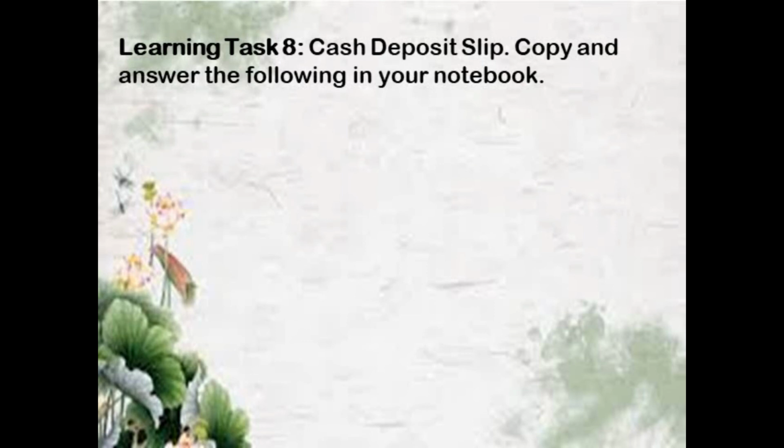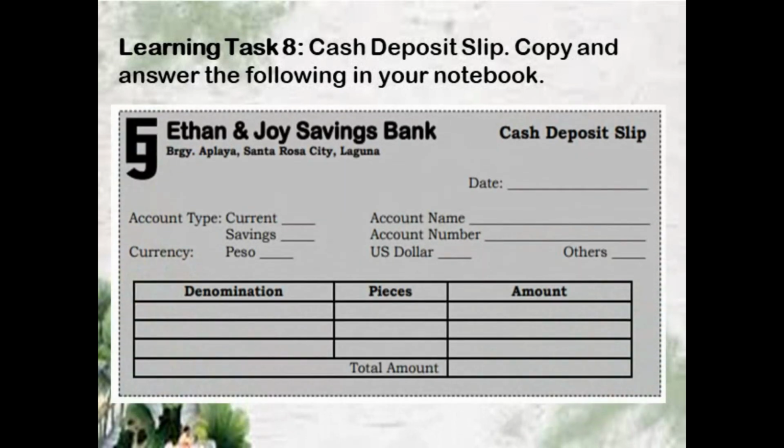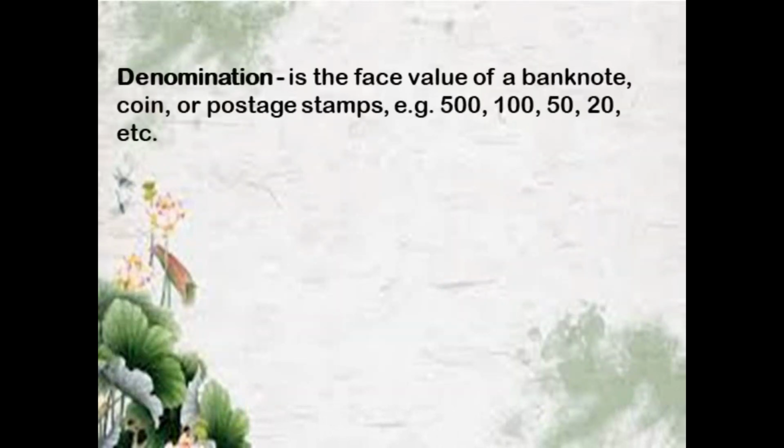Learning Task 8. Cash Deposit Slip. Copy and answer the following in your notebook. Denomination is the face value of a banknote, coin, or postage stamp.